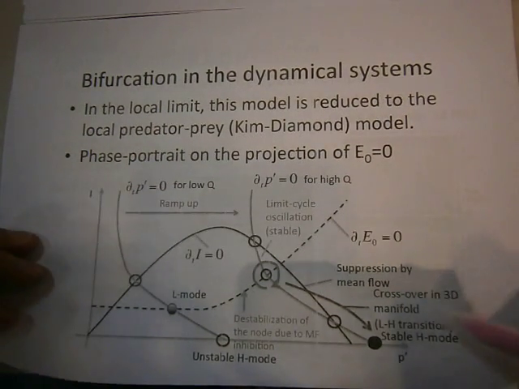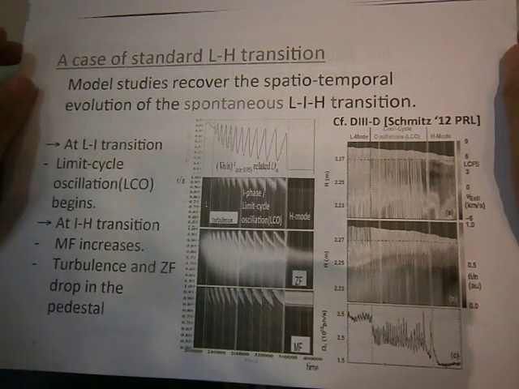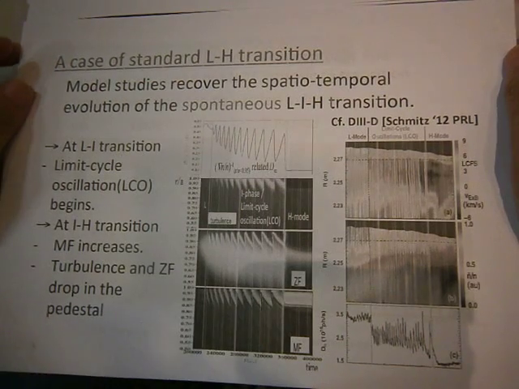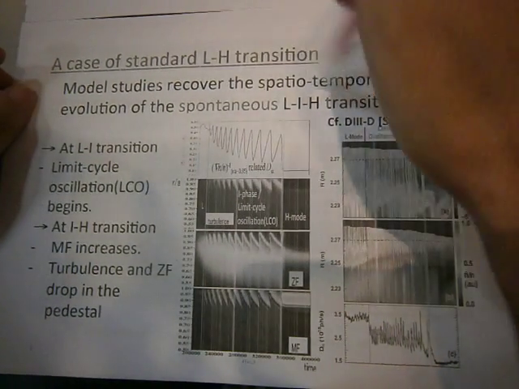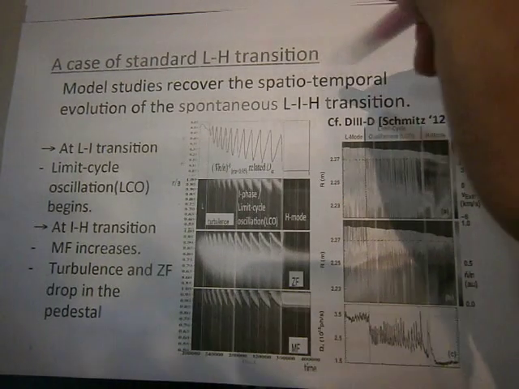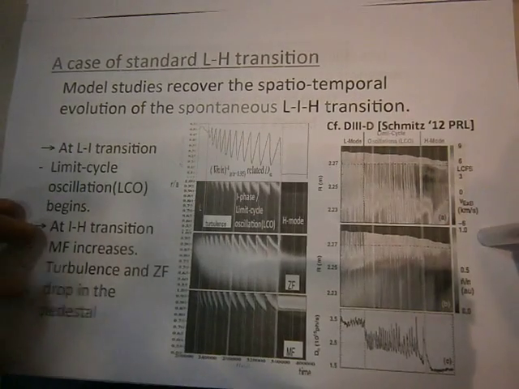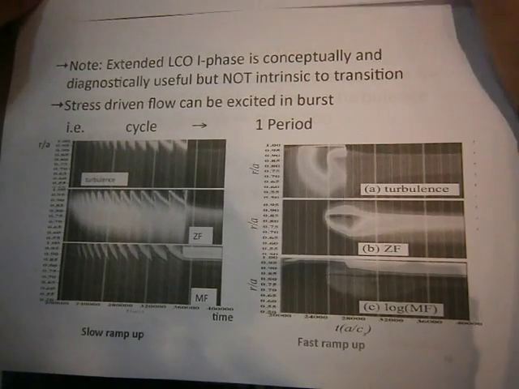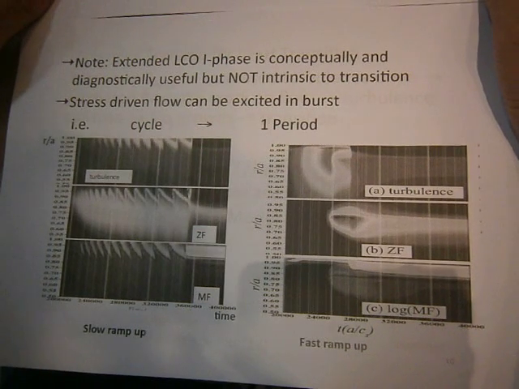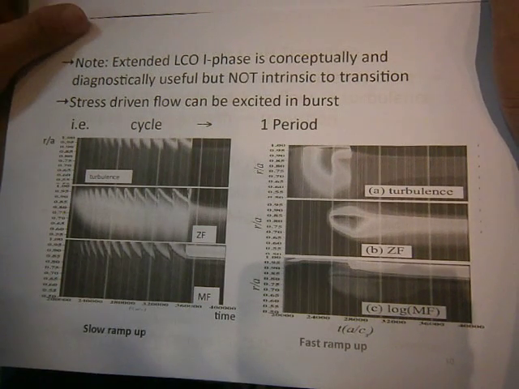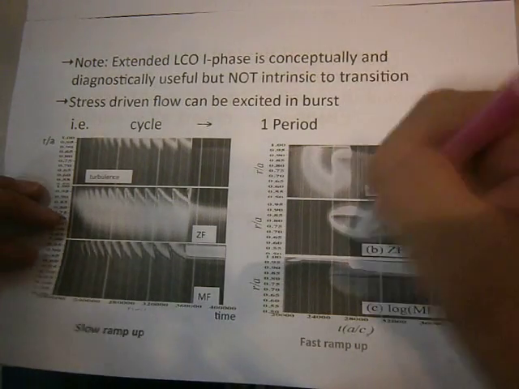Several methods a case of standard LH transition. Model study transition. Temporary transform aberration strong element. Non extended regional phase the concept as the diagonal useful but not going to take on the transition stress flow can be extended fast.